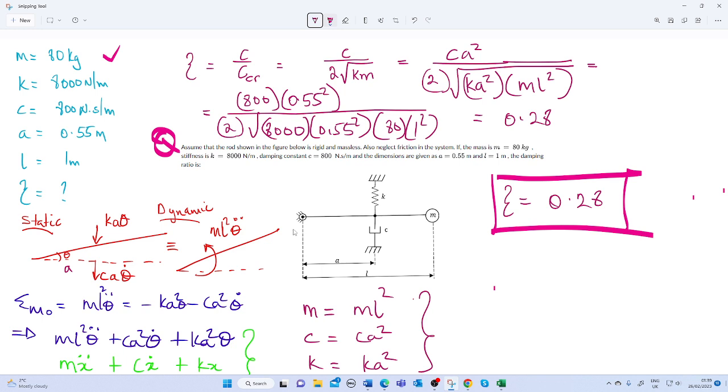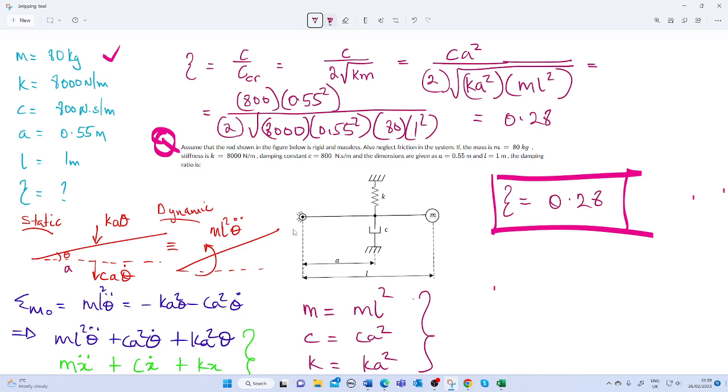Now, by comparing both equations together, we find the summation of the moments about O, which equals ml squared theta double dot equals minus Ka squared theta minus Ca squared theta dot. So that gives us ml squared theta double dot plus Ca squared theta dot plus Ka squared theta.